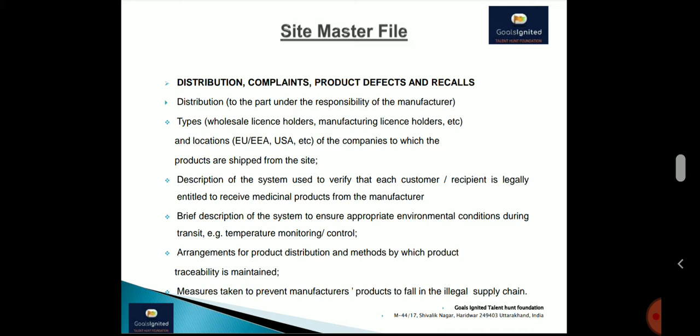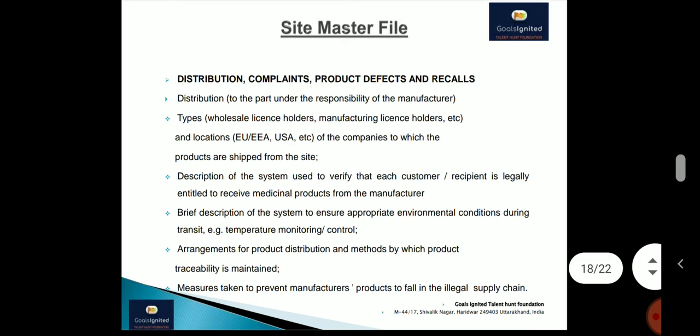So this is the main requirement for the site master file. You also need to list your different locations which are USA approved or EU GMP approved or under some other regulations. Whatever regulations you have for different sites, you may take the reference of these locations too. The arrangement of product distribution, everything you have to mention.